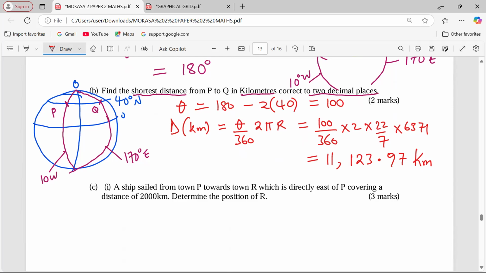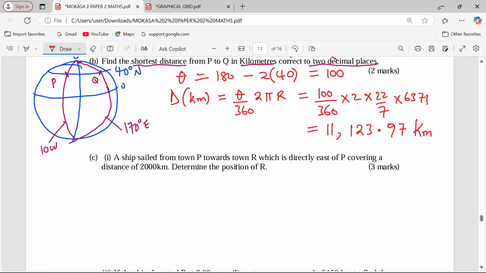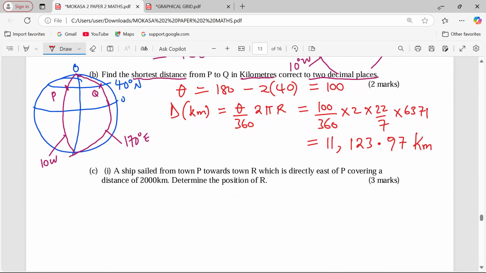Let's look at part C. A ship sailed from town P towards town R, which is directly east of P, covering a distance of 2,000 kilometers. Determine the position of R. So for us to get the position of R, we must know that because this ship is sailing towards the east, it's moving along a parallel of latitude, which is a small circle.